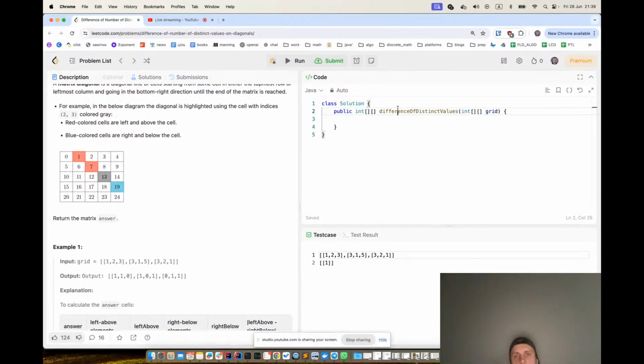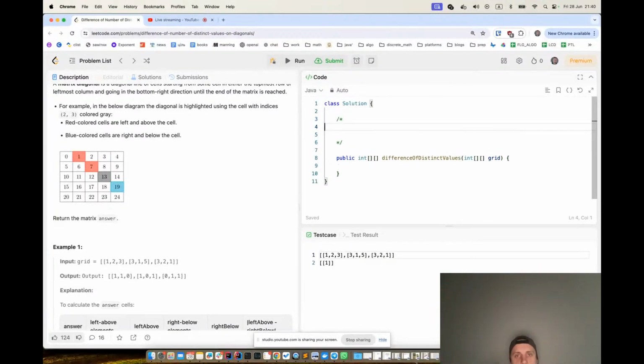So let's try to understand this question. We have a grid like this. We have 1, 2, 3, then 3, 1, 5, then 3, 2, 1. And the output of this grid would be 1, 1, 0, 1, 0, 1, and 0, 1, 1.